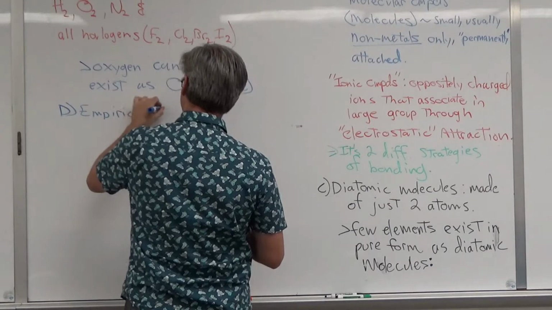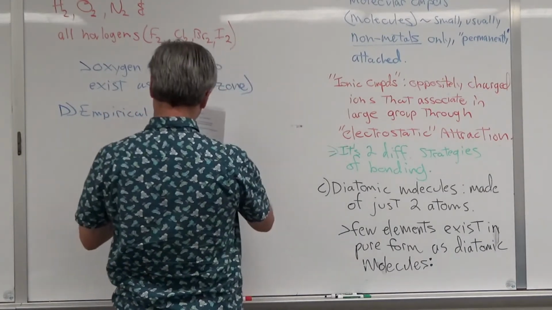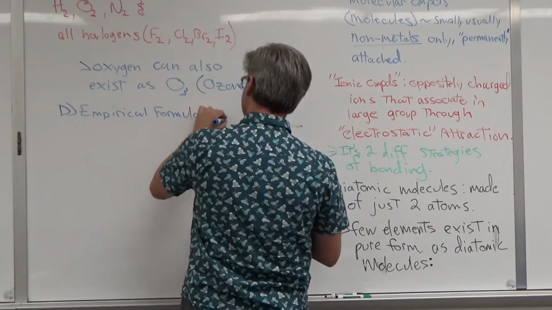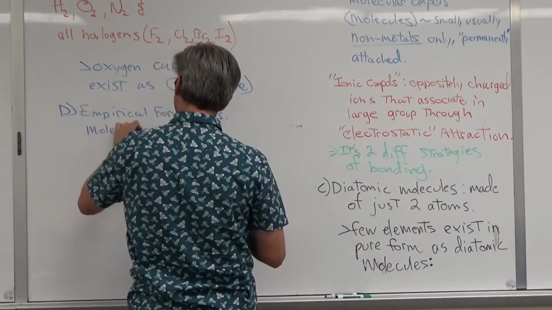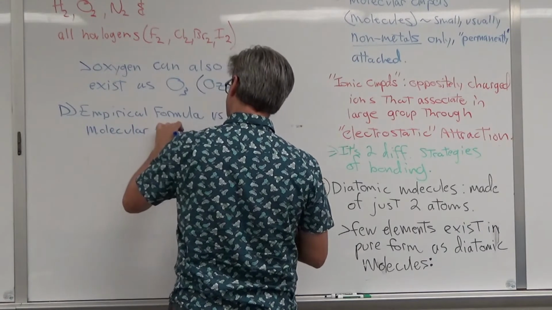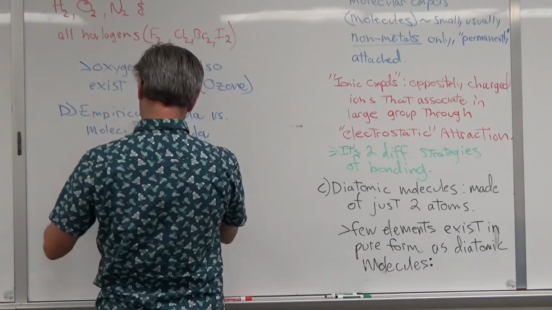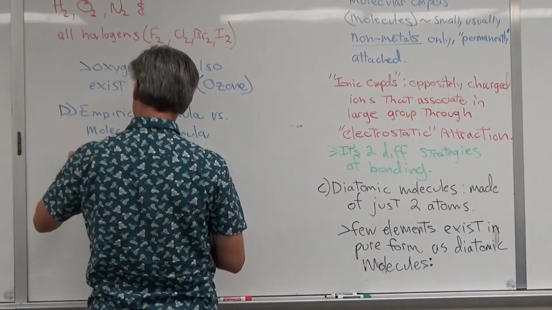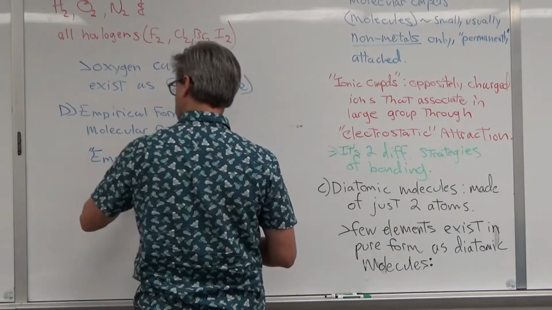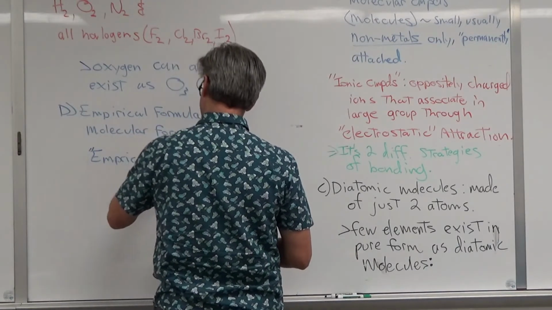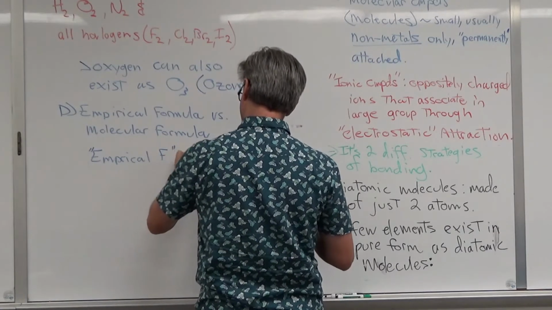Empirical formula versus molecular. Empirical, let's just say EF, that is the simplest whole number ratio.